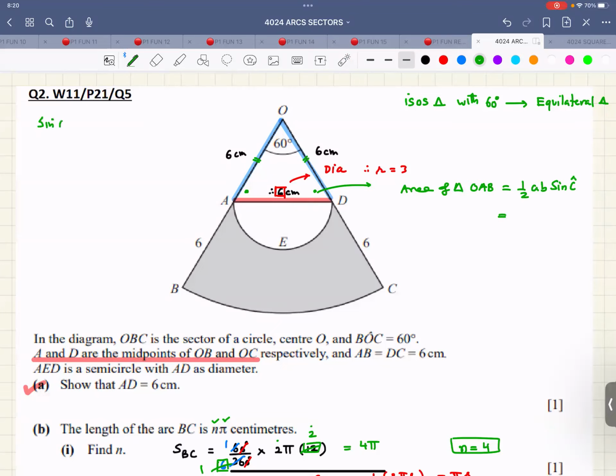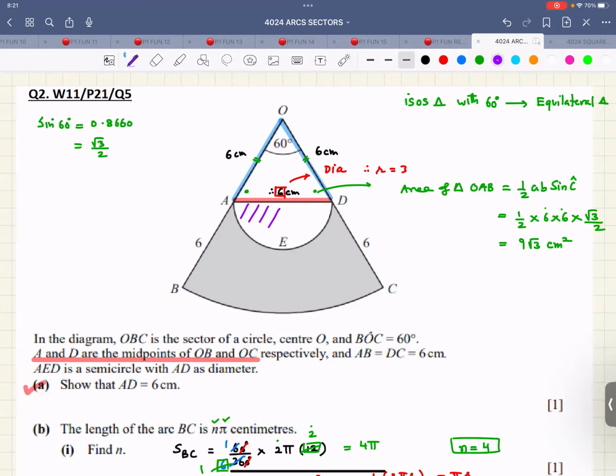I'll use sine of 60 degrees. That is 0.8660, or I can write this as √3 over 2. So this is half into 6 into 6 into √3 over 2. I'll use the calculator later. 6 into 6, 36. 36 divided by 4, that is 9 √3 centimeters square.